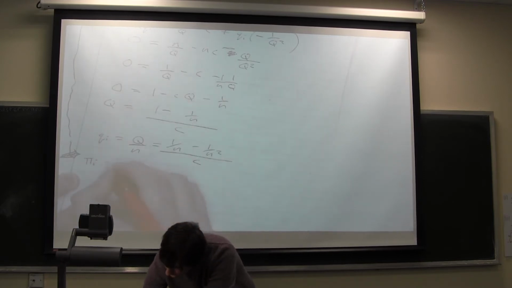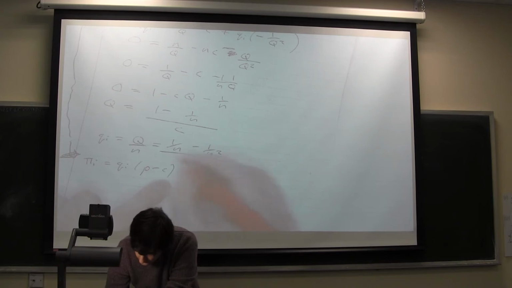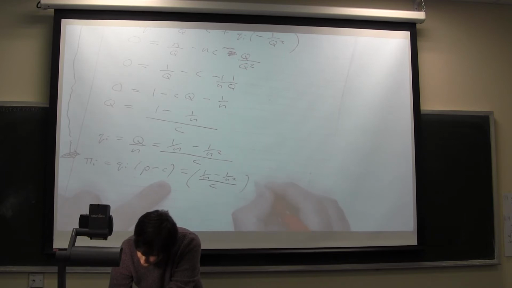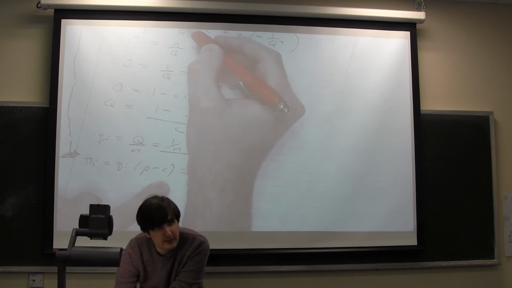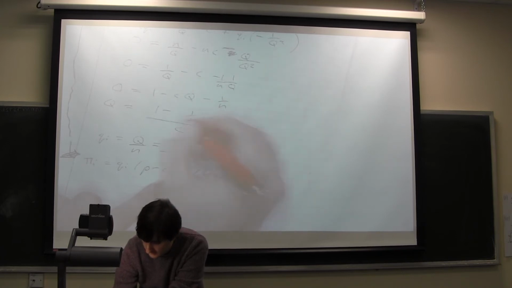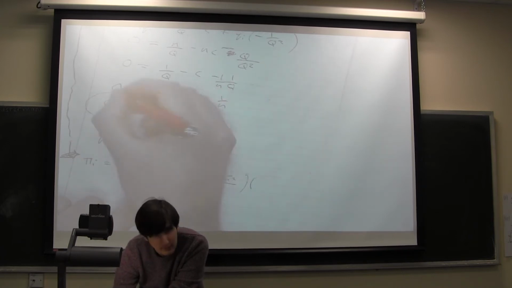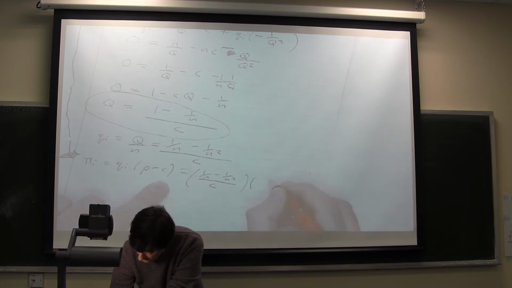So we have QI times price minus cost. QI is what we just worked out, 1 over n minus 1 over n squared over c. Price, remember, was 1 over big Q, and big Q we found as this expression: c over 1 minus 1 over n.